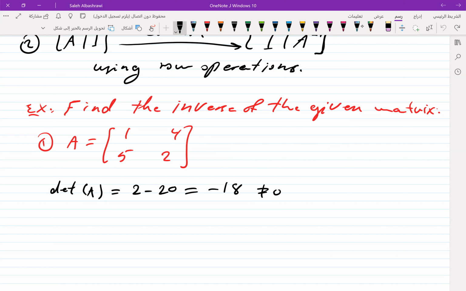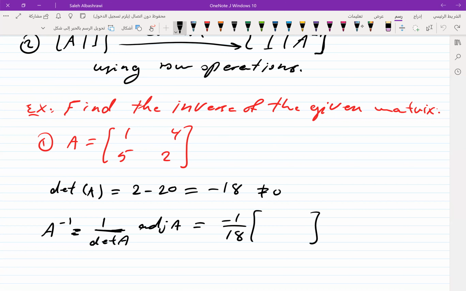Now the inverse for this one, A inverse is equal to 1 over the determinant of A multiplied by the adjoint. That will be minus 1 over 18 multiplied by the adjoint for the 2 by 2 matrix.